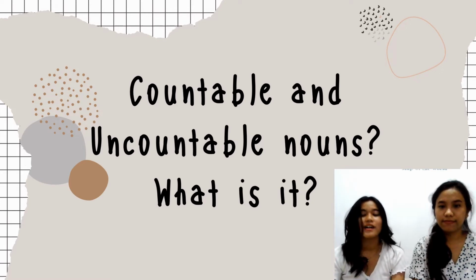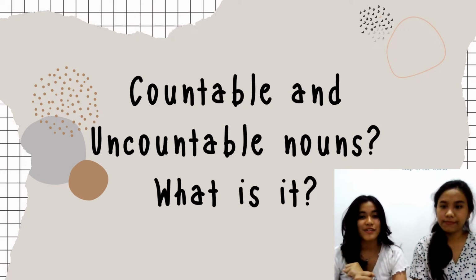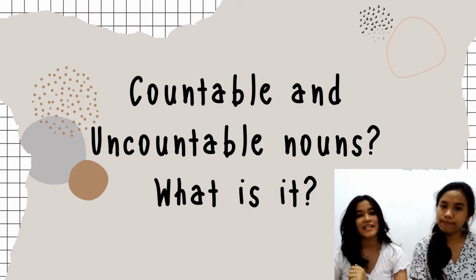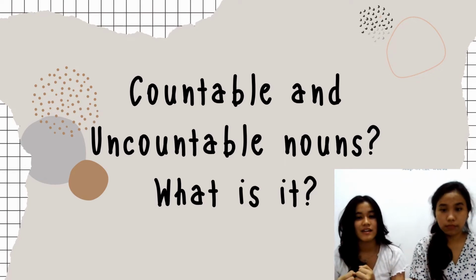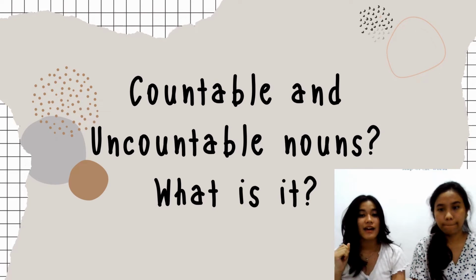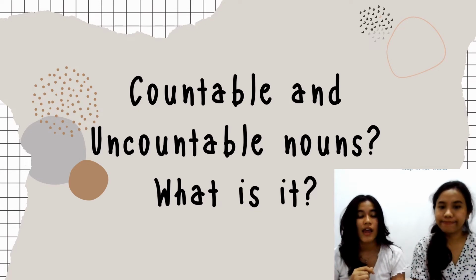And what are uncountable nouns? Uncountable nouns or mass nouns are nouns that come in a state or quantity that is impossible to count. Liquids are uncountable, as are things that act like liquids such as sand and air.